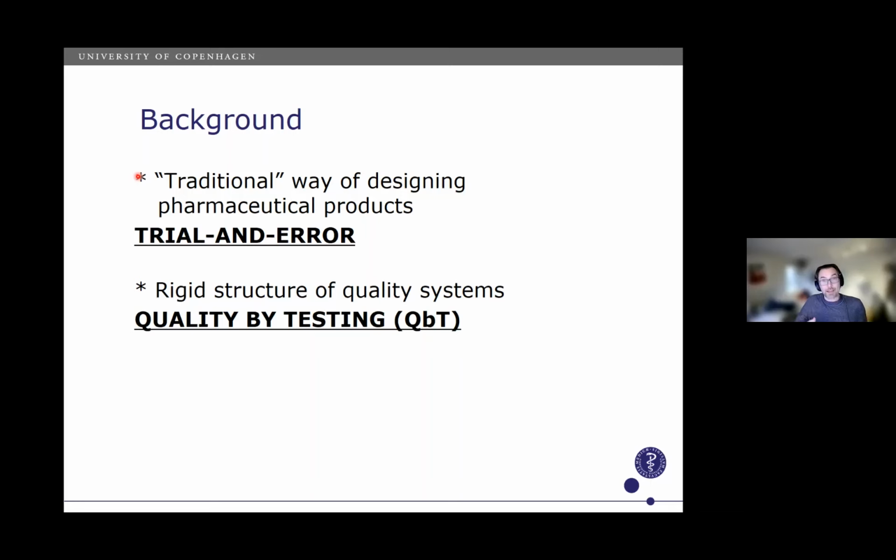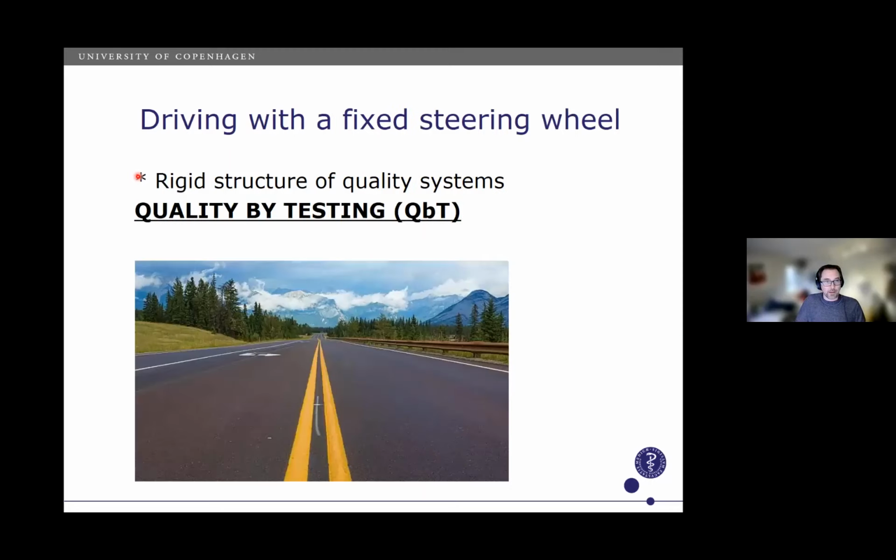This testing as a philosophy is quite deep in the pharmaceutical business area. This quality by testing is a bit of an annoying aspect. It is like driving with a fixed steering wheel. You can imagine that you are in the US driving 100 kilometers on a road that is just a straight road.